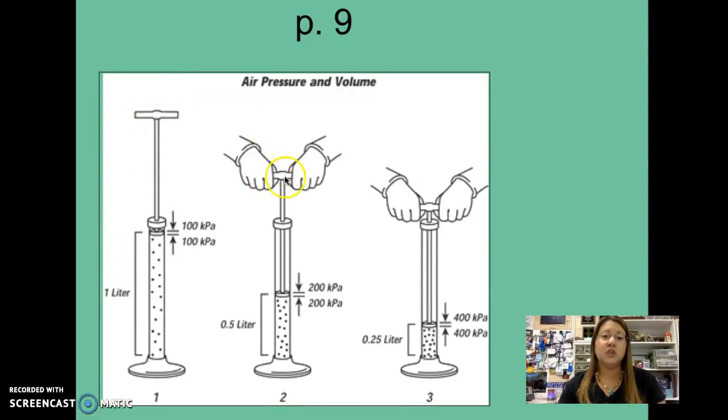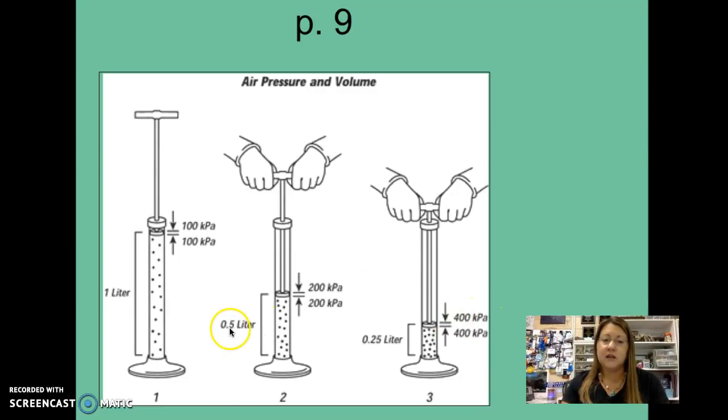As that is being pushed down, as you're increasing that pressure, going from 100 to 200, it's going to change the amount of space that those molecules are taking up. So they're not taking up 1 liter anymore, they're taking up half that space, 0.5, half of the liter that we originally had. And as you continue increasing the pressure, now we've doubled that. We went from 200 to 400 kilopascals.